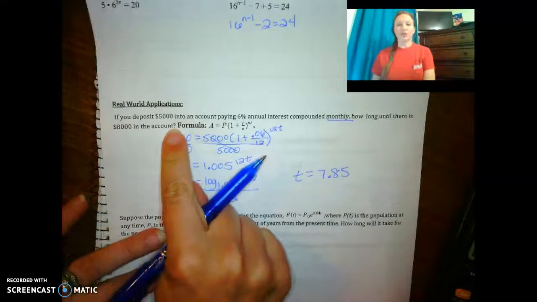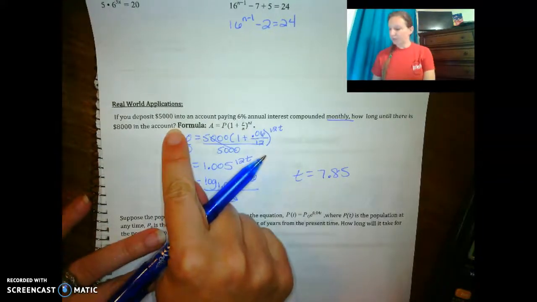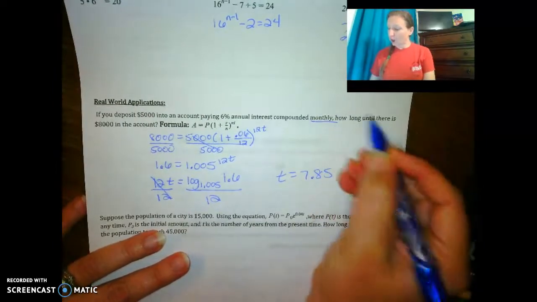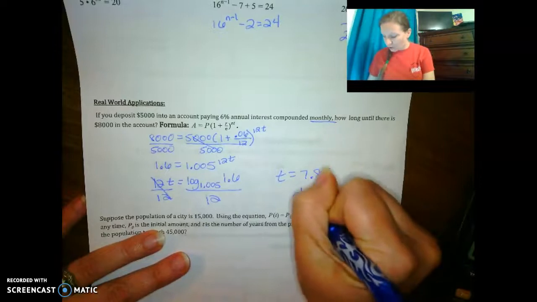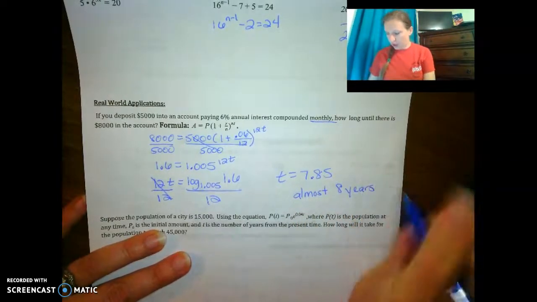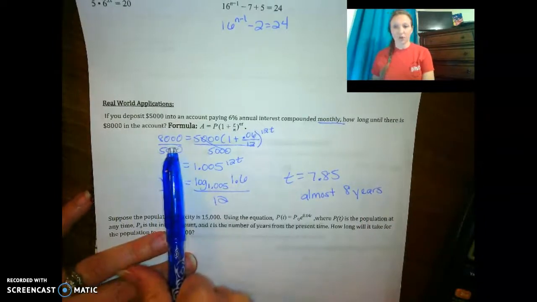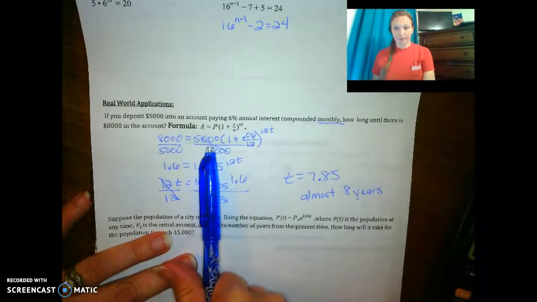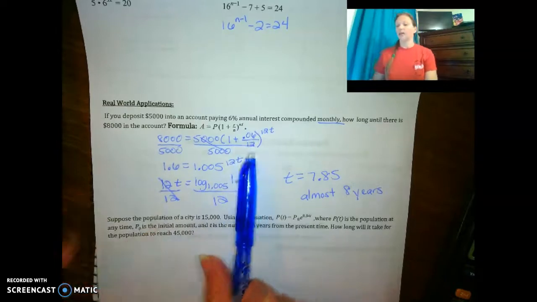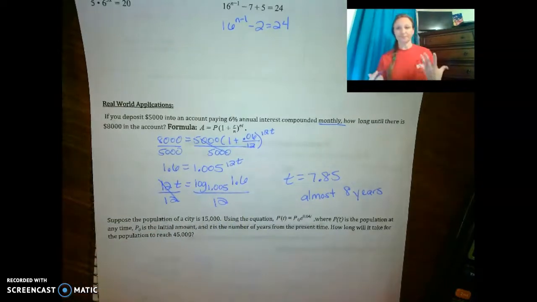When you take the quiz, you're going to be sure and read the directions to see what it tells you to round to. This one does not specify. So it's approximately, it's almost 8 years until we have $8,000 with a $5,000 initial investment at 6% interest, compounded monthly. So that's what that answer means.